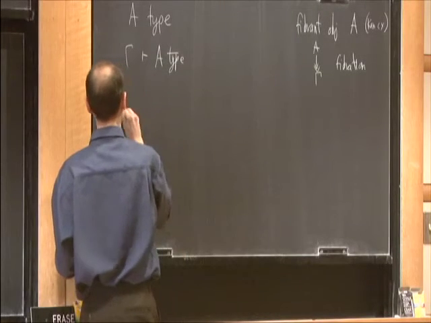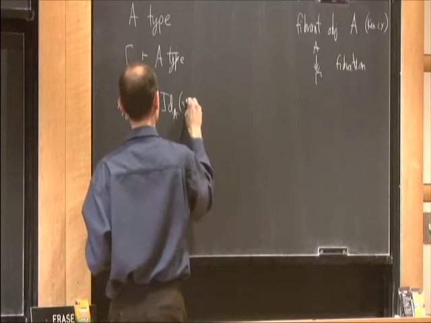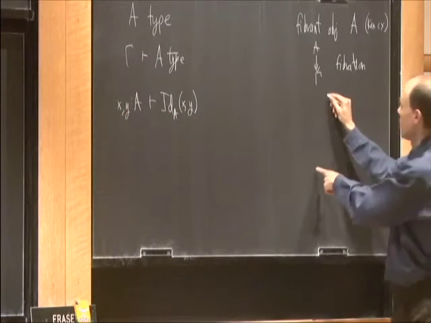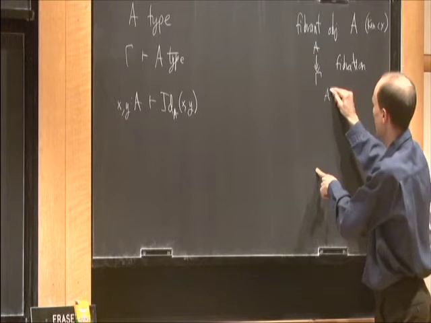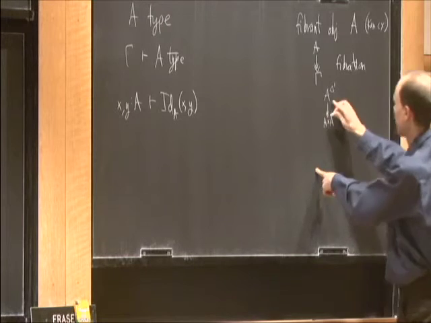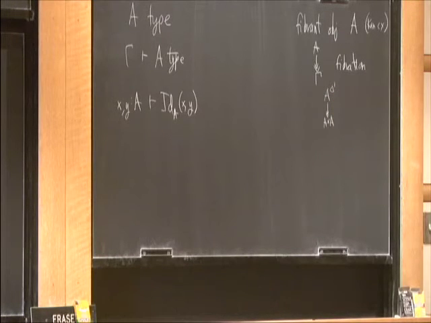The equality type, the identity type between two elements of a type, is represented by the path object fibration. Because we're in a simplicial model category, I can use a particular path object, which is just the mapping space out of the simplicial unit interval.